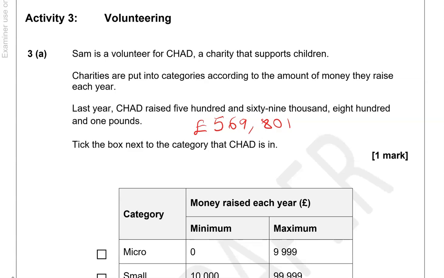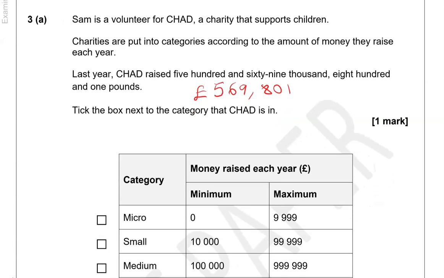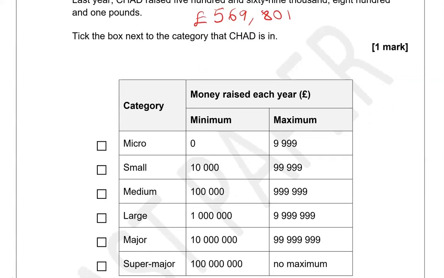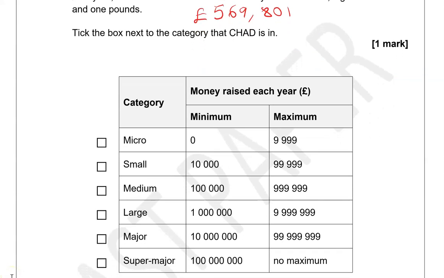Tick the box next to the category that CHAD is in. Looking at categories, we've got micro, minimum 0, maximum 9,999, small 10,000 to 99,999, medium is 100,000 to 999,999. So that amount we've got fits into this category.